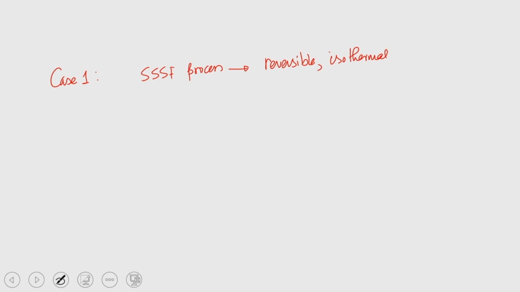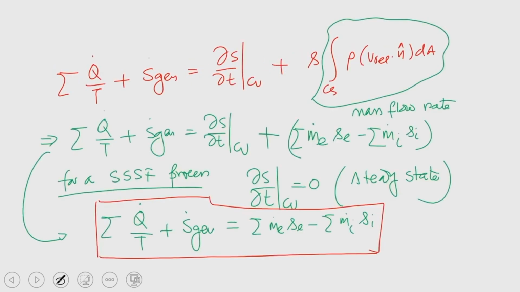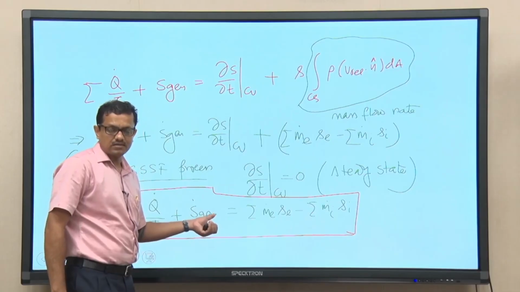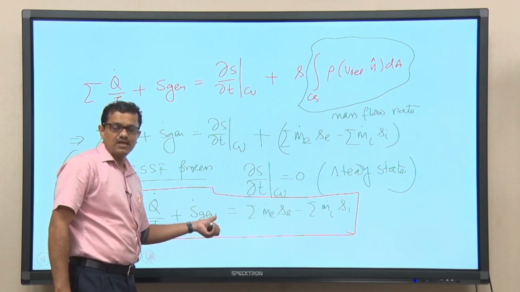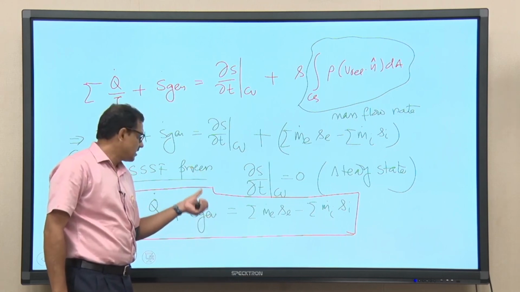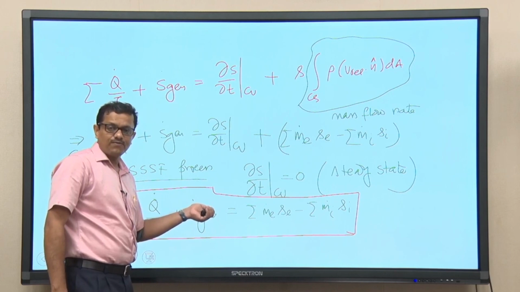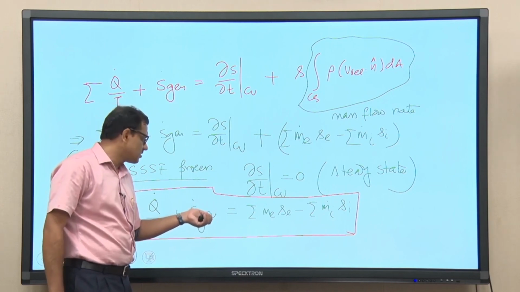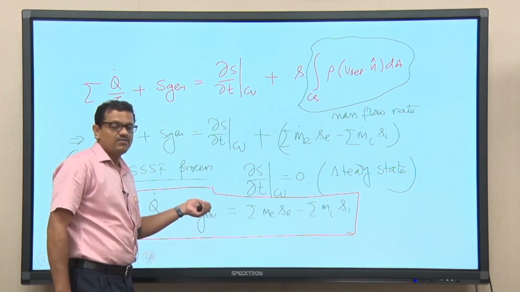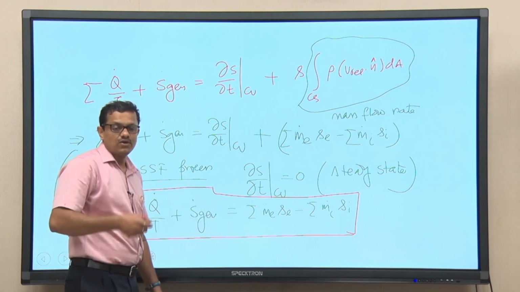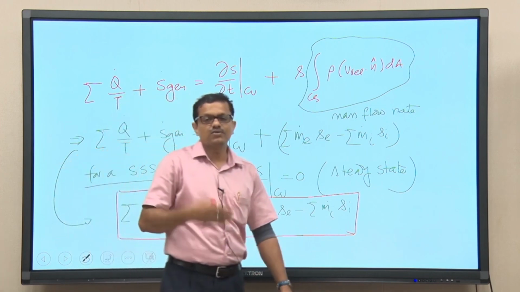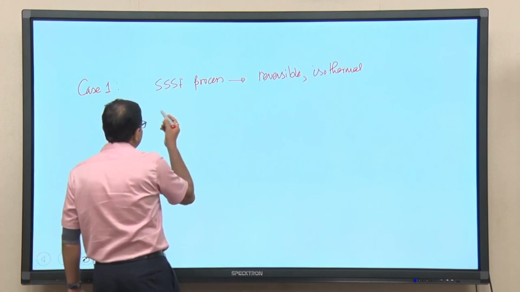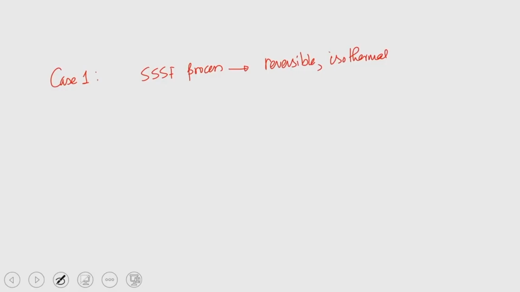This is the entropy transport equation for this steady state steady flow process. To arrive at this equation we did this exercise. Now, though you are familiar with this equation because you have studied it in the thermodynamics course, I have derived it again because it will be very much needed to obtain the expression which we are looking for in today's class.